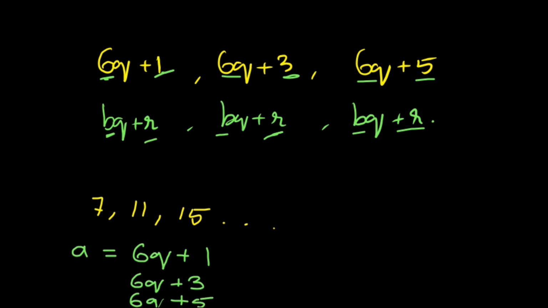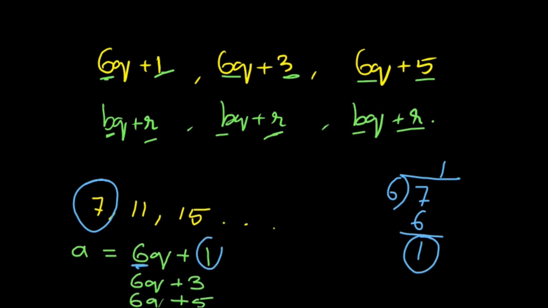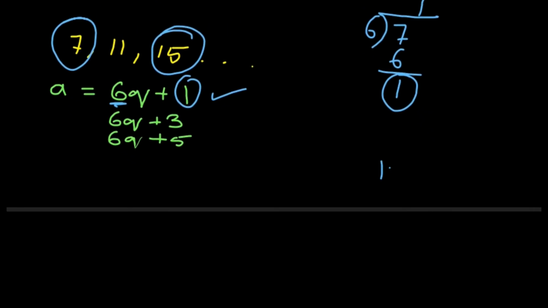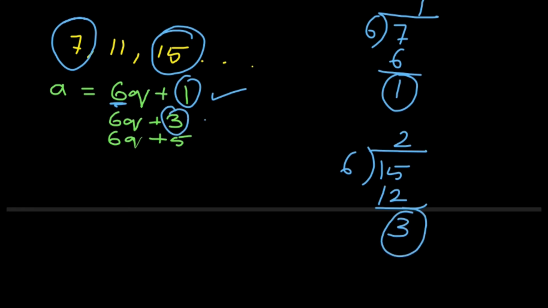लेट्स सी इफ दैट इज ट्रू. कोई भी ऑड इंटीजर ले लो, लेट्स टेक 7, डिवाइडिंग बाय 6 वी गेट 6 1 जा 6, रिमाइंडर इज 1. दिस इज ट्रू. लेट्स टेक एनी ऑड इंटीजर 15. 15 डिवाइड बाय 6, 6 2 जा 12, रिमाइंडर क्या है 3. दिस इज ट्रू.